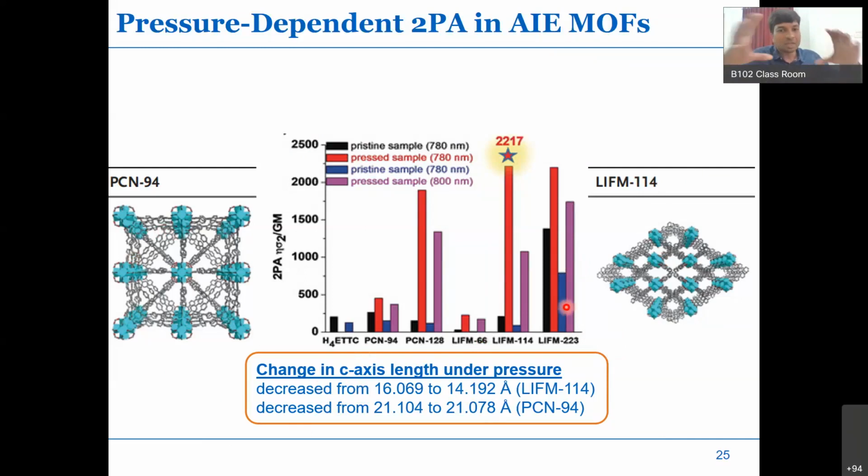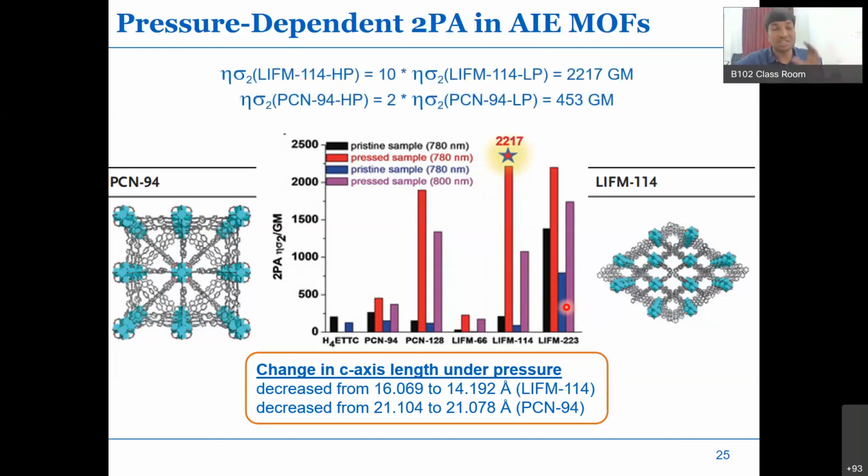Because of the packing arrangement, upon applying pressure, the unit cell volume is going to be reduced, causing a significant change in the strain of the structures.